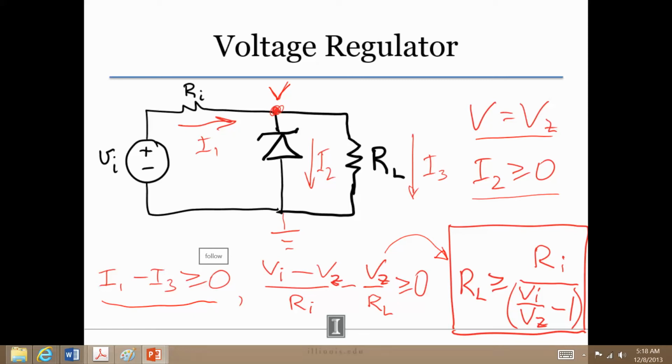Okay, so look at this equation for a second. First of all, let's remind ourselves what Vi and Ri are. That's some source delivering the voltage to the voltage regulator. Actually, this is essentially a Thevenin resistance for this load, and this is V Thevenin for this load.